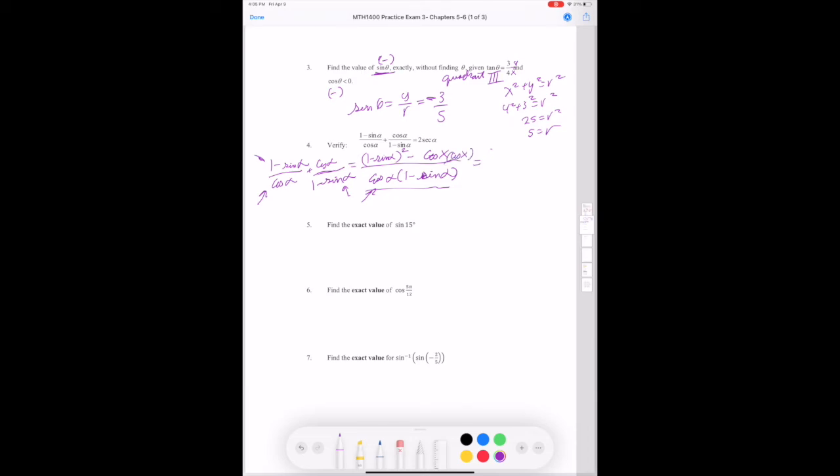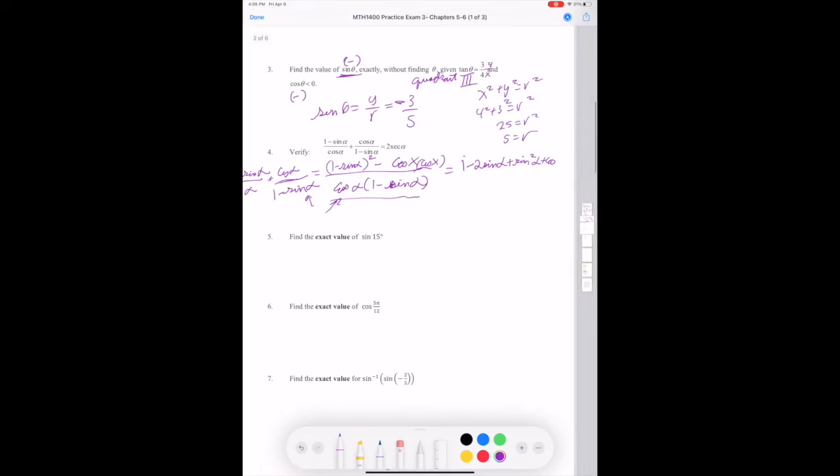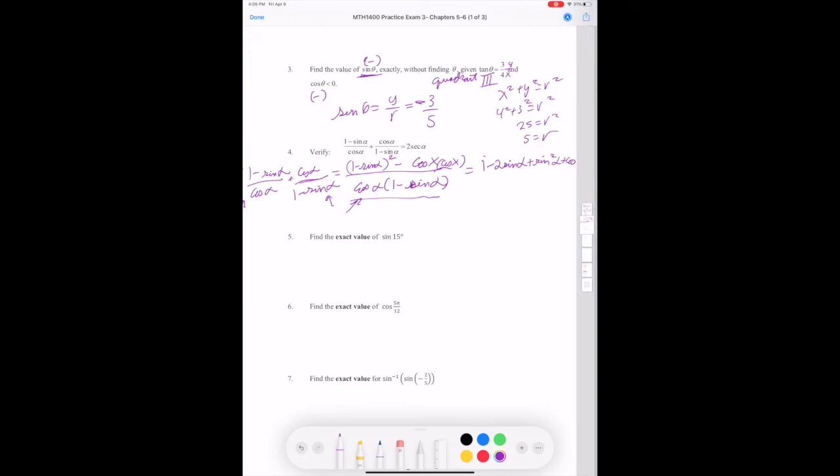I got 1 minus 2 sine alpha plus sine squared alpha plus cosine squared alpha, all over cosine alpha times 1 minus sine alpha.